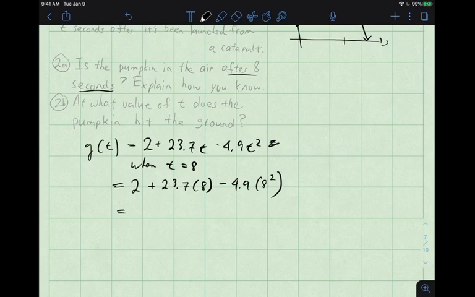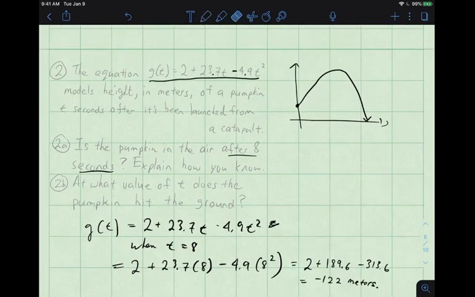Let's see what we get. Okay, 2 plus 23.7 times 8, 189.6, minus 4.9 times 64, 313.6. So 2 plus 189.6 minus 313.6 gives us negative 122 meters.